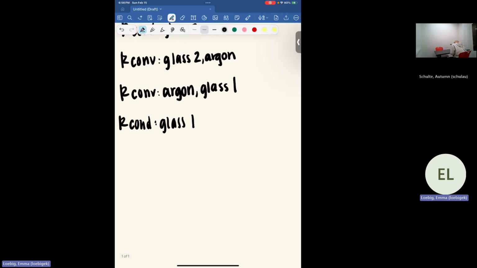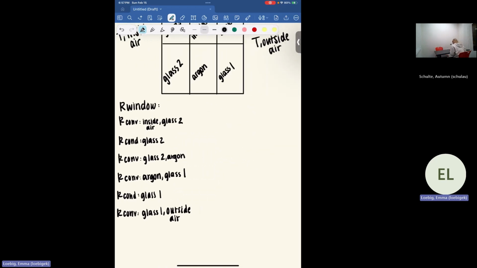And then finally, thermal resistance via convection from glass 1 to the outside air. And like I said, these are all in series. So our total for the window is just going to be the addition of all of these thermal resistances.